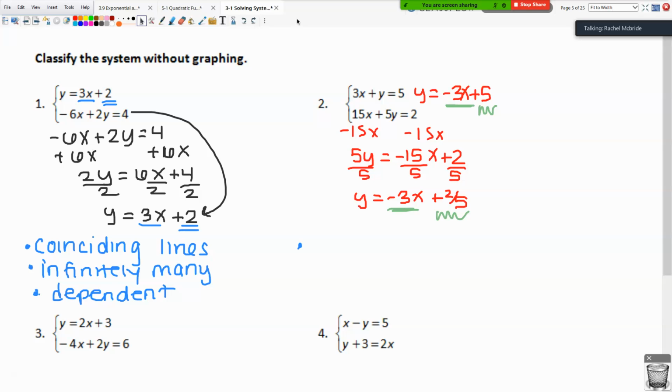You're going to actually know how to spell that word by the end of this unit. Parallel lines have no solution. And we classify the system as inconsistent.